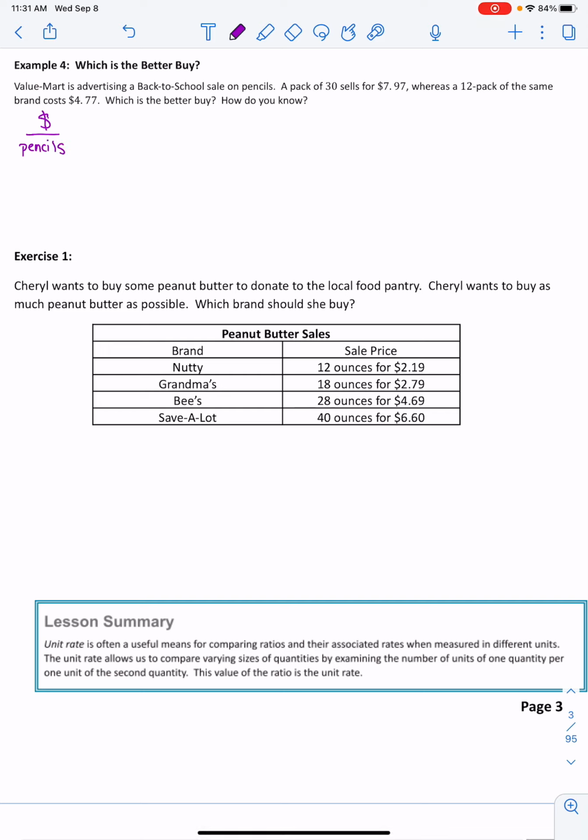So in this case, we have $7.97 over 30 and $4.77 over 12.